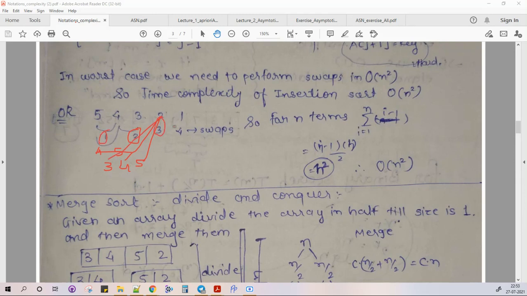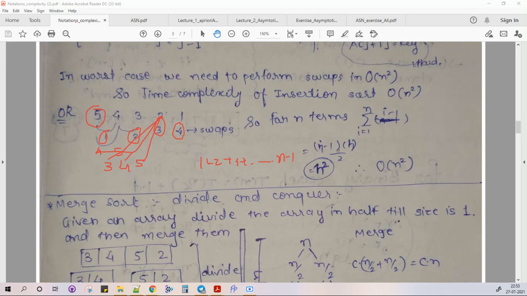Similarly, for the fifth element, the 1, I need to make 4 swaps. So how many swaps do I need to make? 1 plus 2 plus 3 up to n minus 1, because the first element we don't consider as it is trivially sorted. So, sigma of i, for i from 1 to n minus 1.